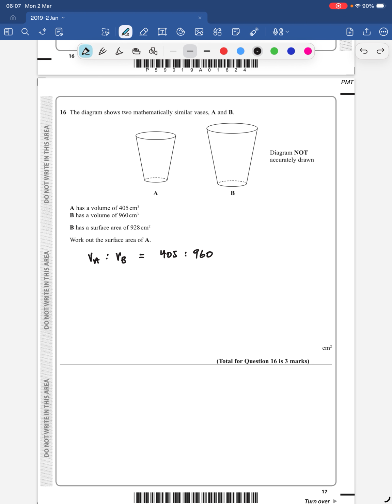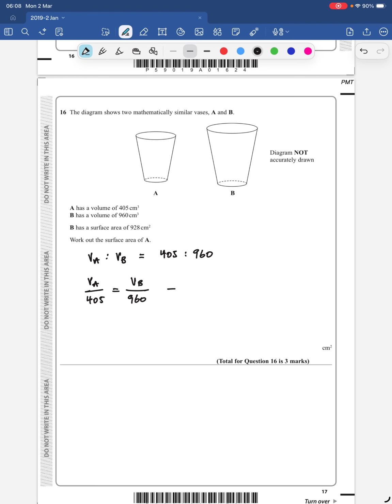The important thing to remember is that this relationship implies that the volume of A over 405 is equal to the volume of B over 960. The ability to go from that to that is quite important, because students get things wrong there.